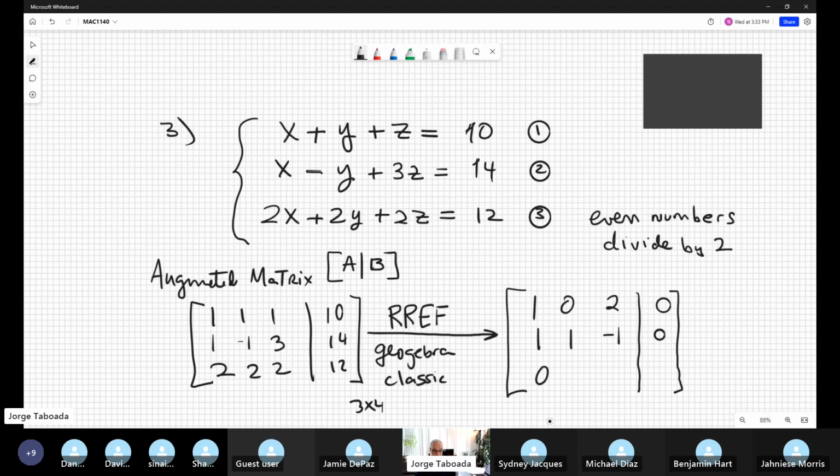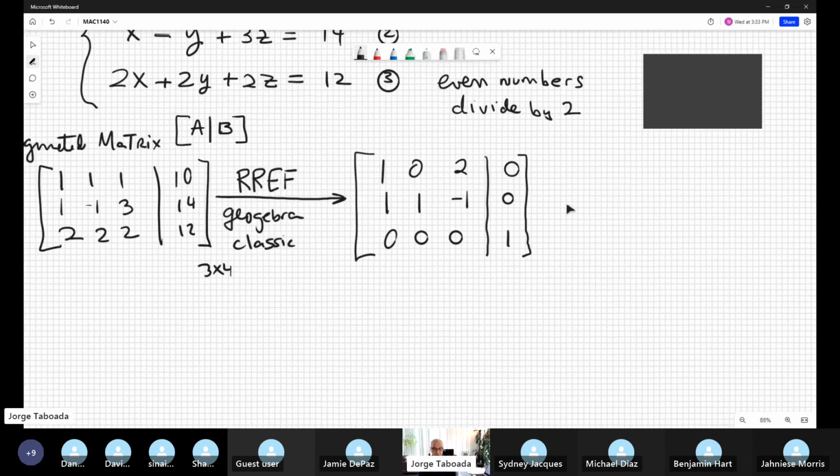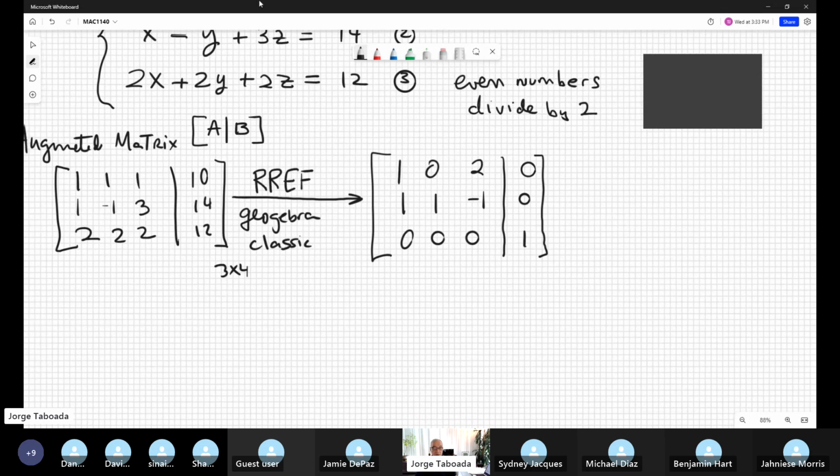And the last row is 0, 0, 0, and 1. This is the moment in which you can see more clearly the contradiction, because the last row translates to 0x plus 0y plus 0z equals 1. Zero times any variable is 0, so 0 equals 1. This is a contradiction. It's completely false. Therefore, no solution.